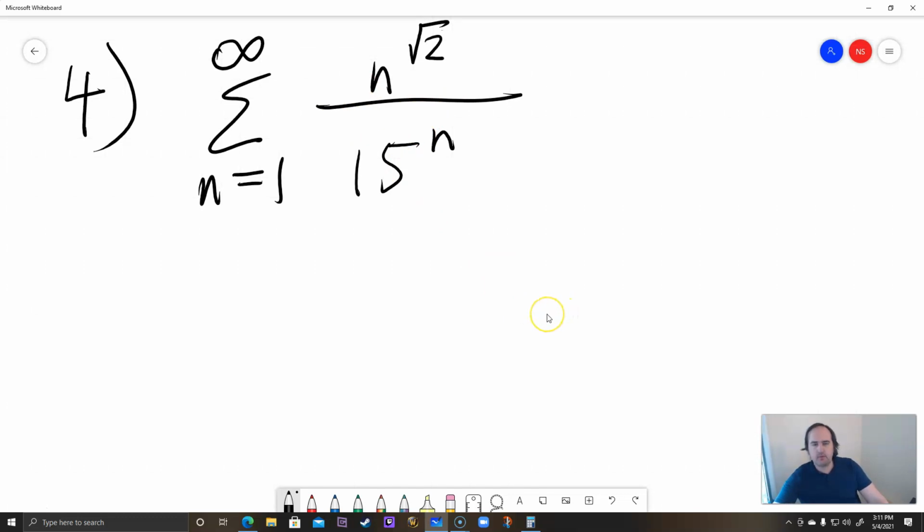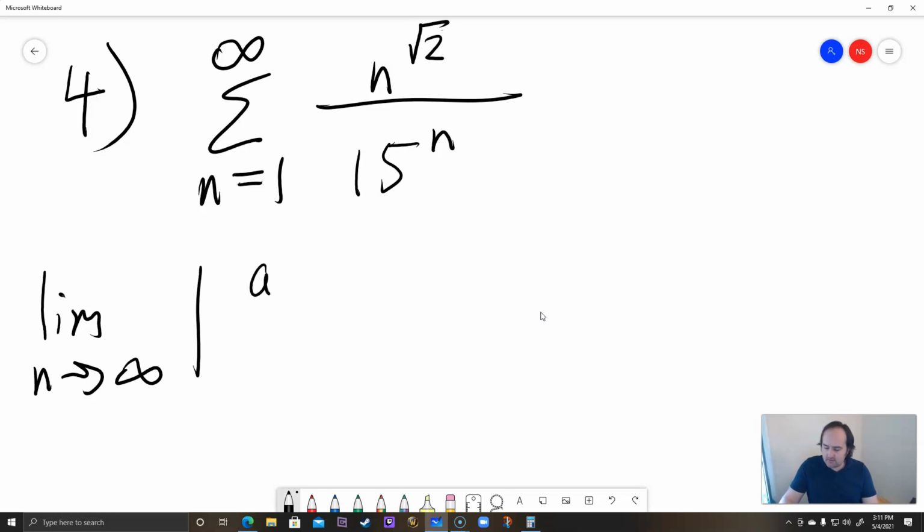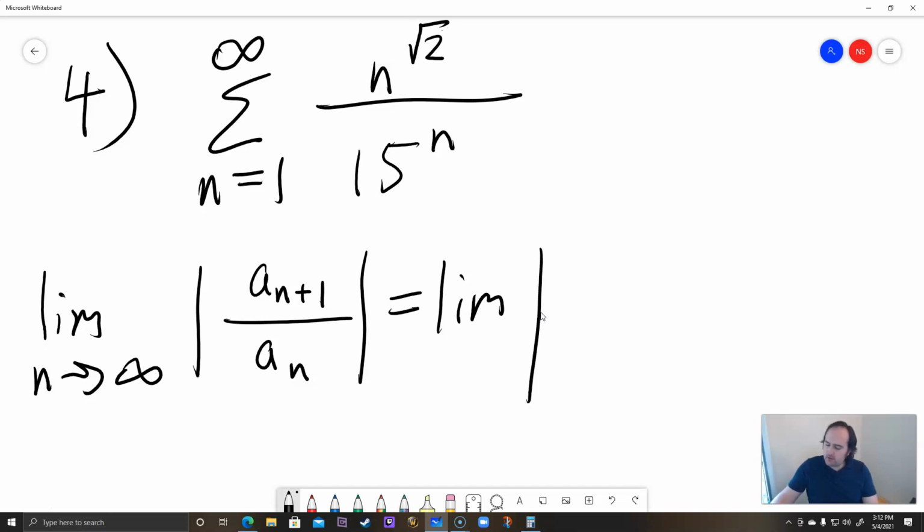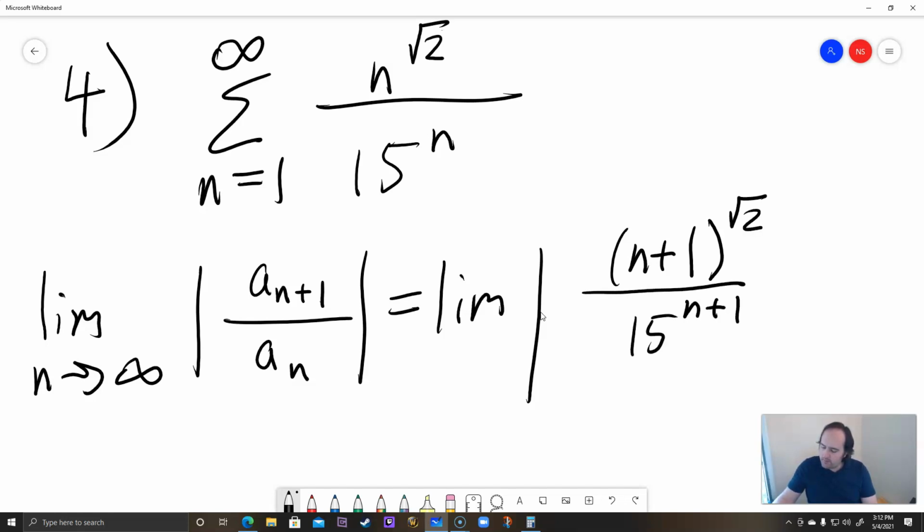So, using the ratio test, we're taking the limit as n goes to infinity of the absolute value of a sub n plus 1 over a sub n. So here, our numerator is going to be n plus 1 quantity to the root 2 over 15 to the n plus 1.